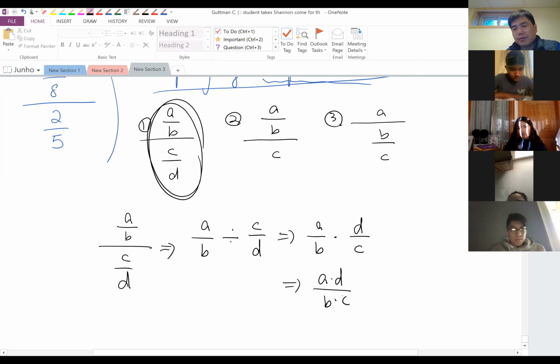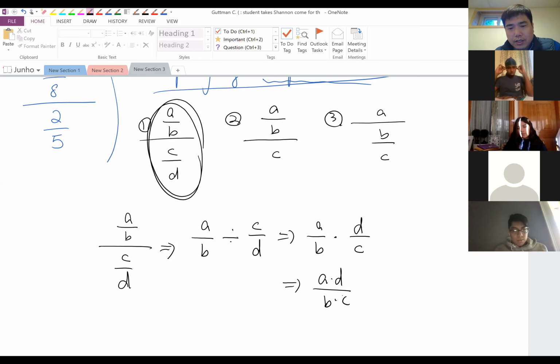That's the more traditional way to simplify a complex fraction, but this procedure is a little bit longer, that's my opinion. So I will show you a slightly different way to simplify a complex fraction.